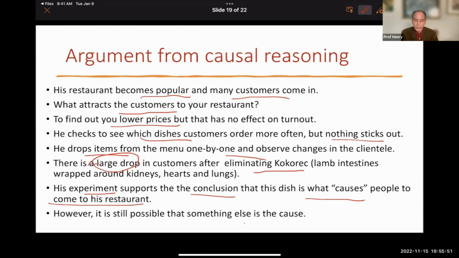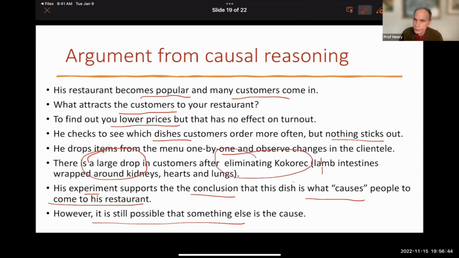However, is it still possible that something else is the cause? Okay, so you're eliminating this dish with the large drop. What I'm trying to say is that now you're trying to associate this large drop with eliminating this.